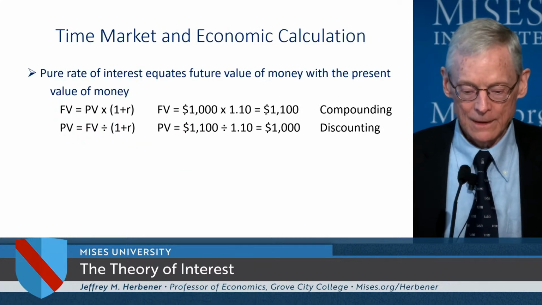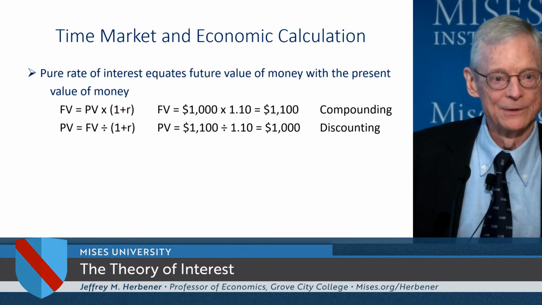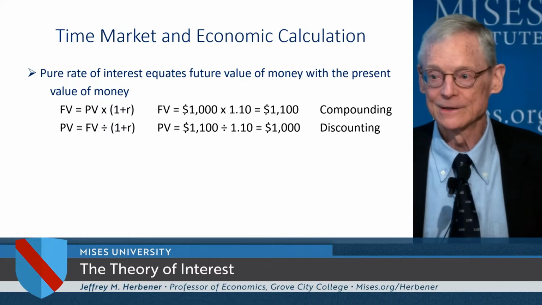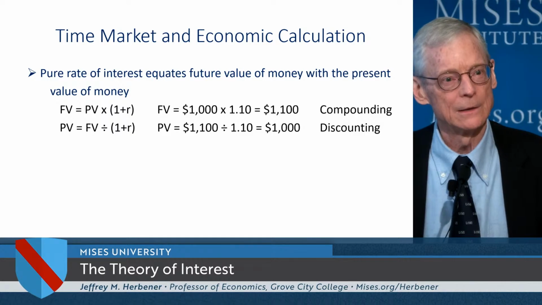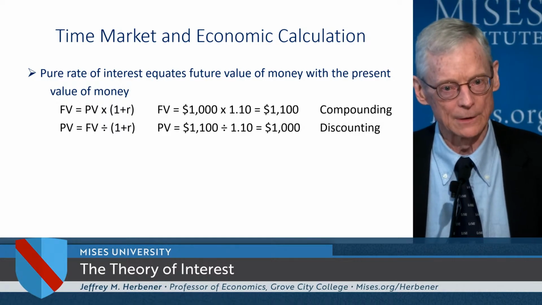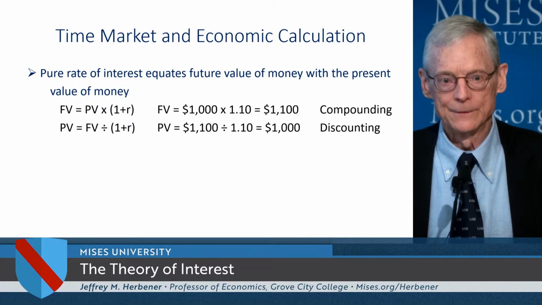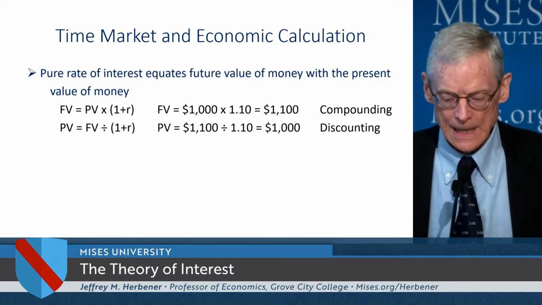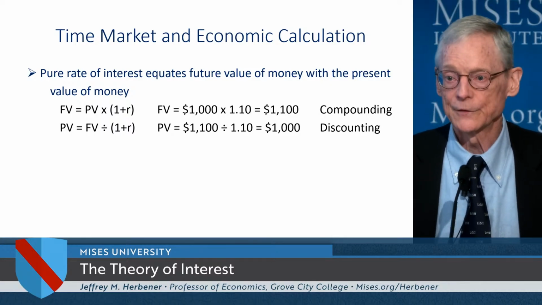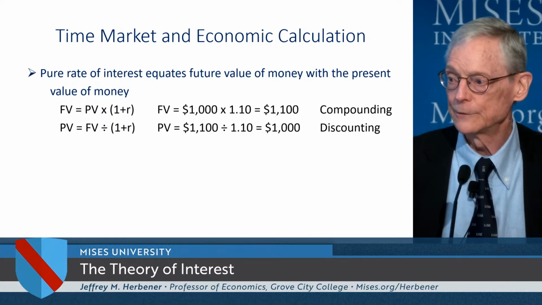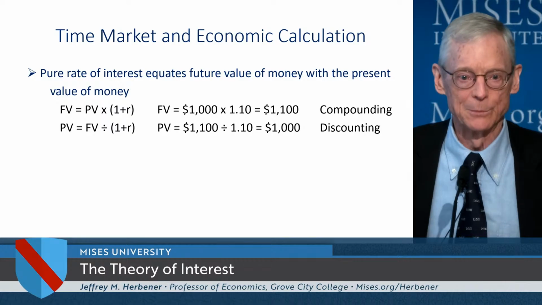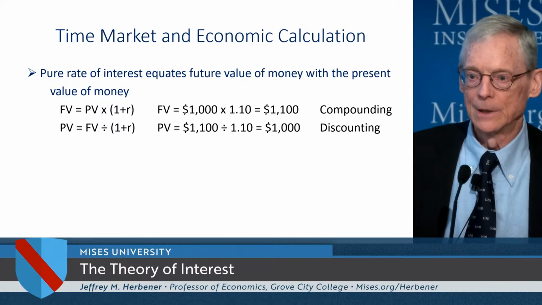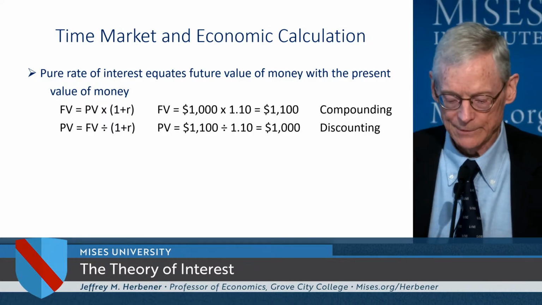Okay, so now we get to this point that I've been mentioning as we go along. How is it that the interest rate in money integrates economic calculation? Well, it does this in the calculation itself of how interest rates work with respect to the relationship between present money, that is money in your hand now, and money at a future point in time that's in your hand.